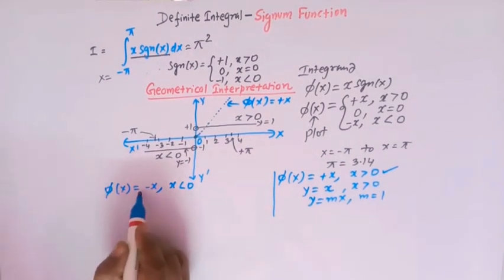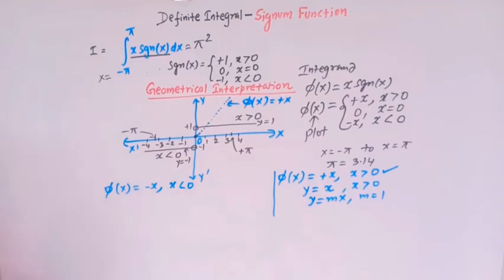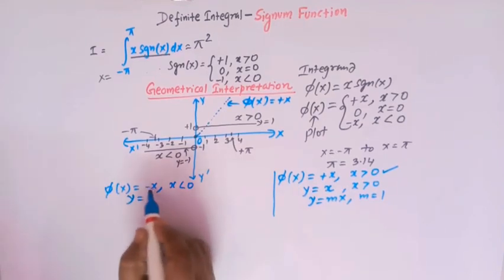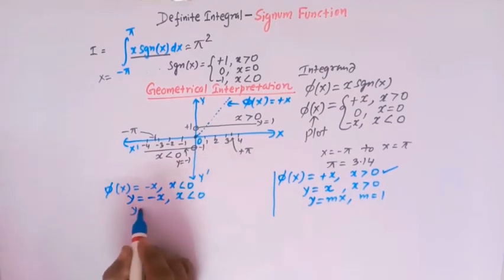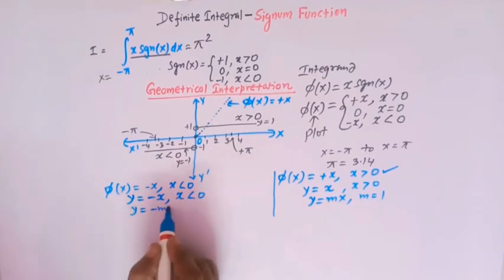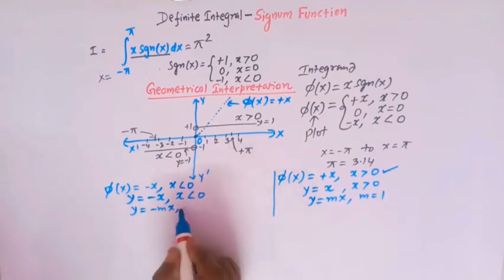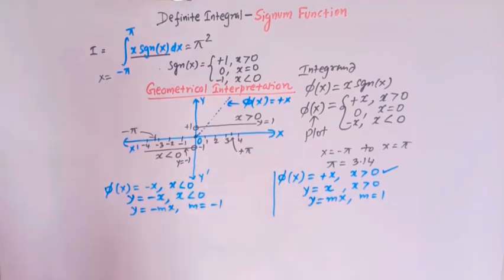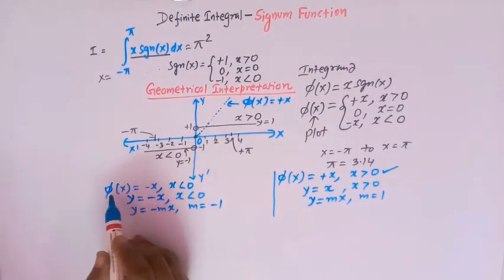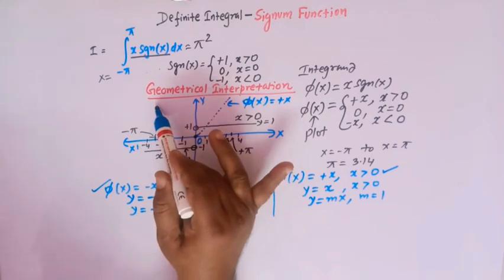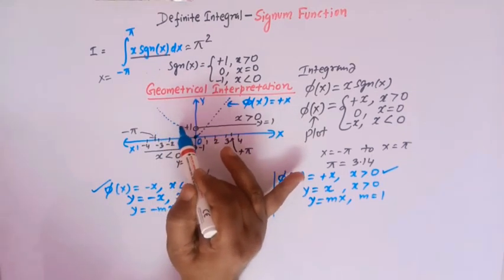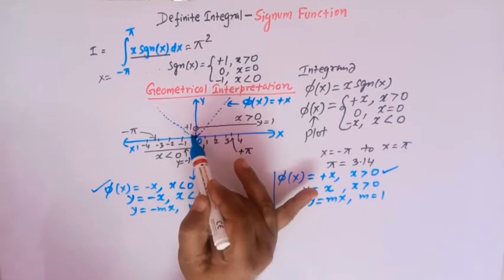And phi of x is equal to minus x looks like the equation y is equal to minus x, that is y is equal to mx, where m is equal to minus 1. So the slope of this line is minus 1, and it can be plotted like this, right?